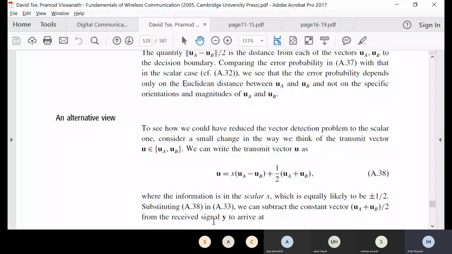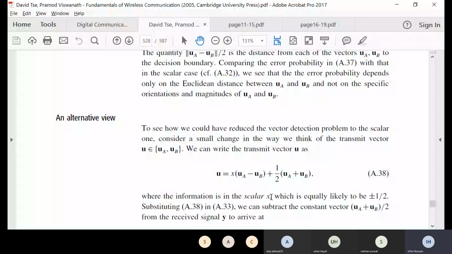If I put x equal to plus half, then UA will add and this will give you UA. With minus half, the minus half cancels with plus half, and UB remains. So by giving x different values of plus half and minus half, U will be equal to either UA or UB. It is just another way of writing that U is equal to UA or UB depending on the value of x.